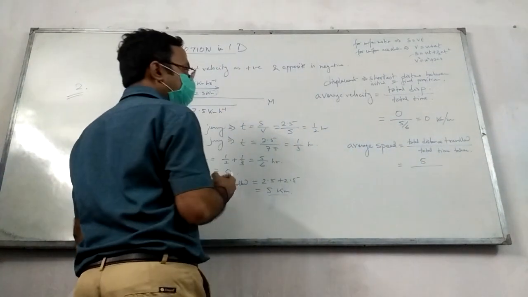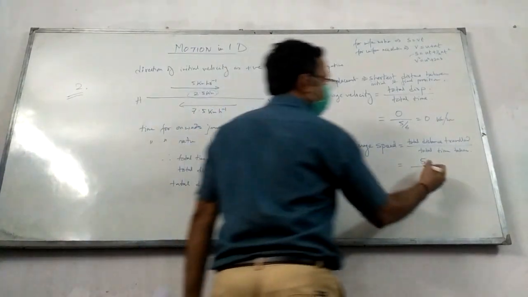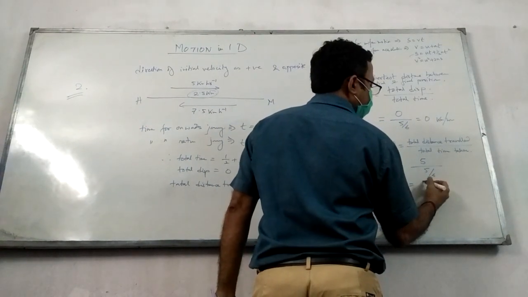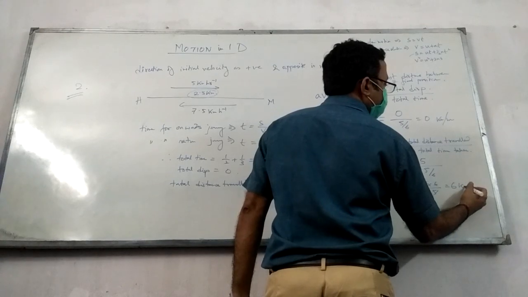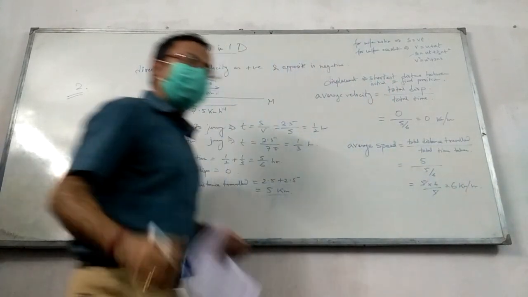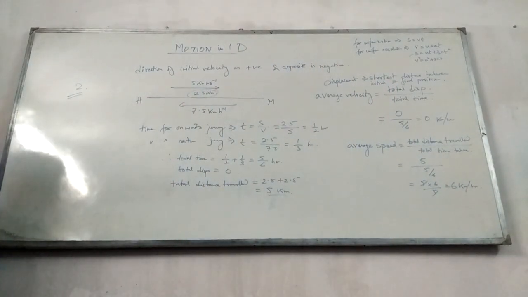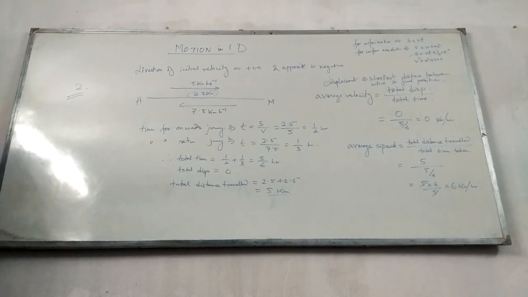And how much is the total time taken? 5 by 6. So it is 5 into 6 by 5, 6 kilometer per hour. Right? So you need to keep in mind that average velocity is total displacement by total time, and average speed is total distance traveled by total time taken. Okay?